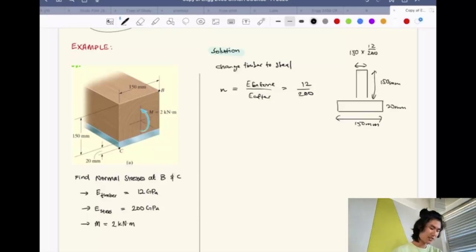Yep. So then you have to use this formula. To find the stresses, you have to use the flexural formula. And then you can kind of think about, what do I need to find? First of all, you need to find the moment of inertia.